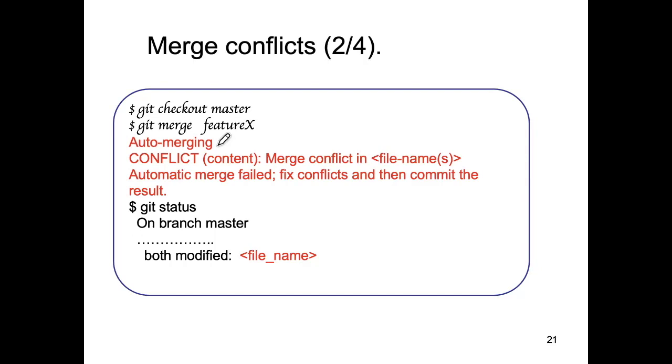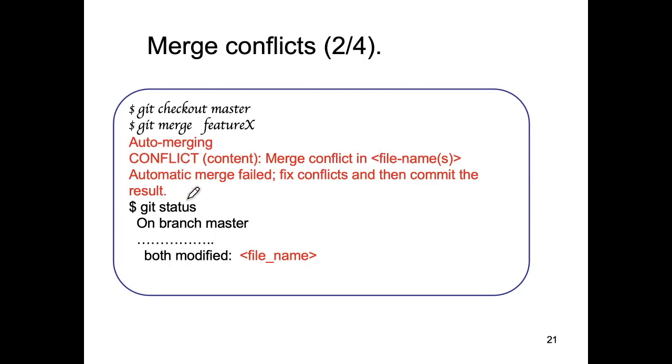The merging of bug Y and master would have had a fairly clean kind of response. But here it's going to tell me that there are some conflicts, and it will tell you which particular files are the problem ones. I think it actually lists them here, even though I haven't done it.